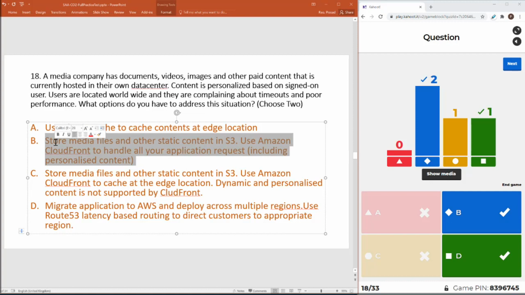Then the answer would be B. If the same question comes with a condition that the customer wants to move to cloud with minimal architectural changes, then the correct answer would be D. So a similar question can come in different ways based on the exact keyword, and you'll have to choose the right answer.